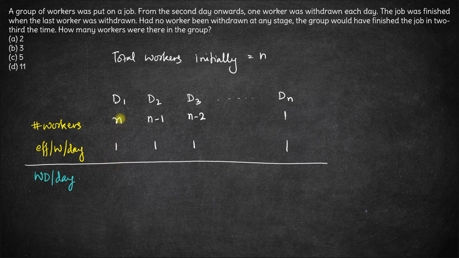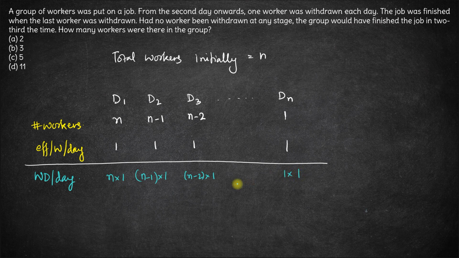There are n people working on day 1 and efficiency of each person is 1 unit. So the amount of work done will be n into 1. Similarly, on the second day there are n minus 1 workers working and efficiency of each worker is 1 unit per day. So the amount of work done will be n minus 1 into 1. Similarly, you'll have n minus 2 into 1 on the third day, so on till 1 into 1 on the last day.